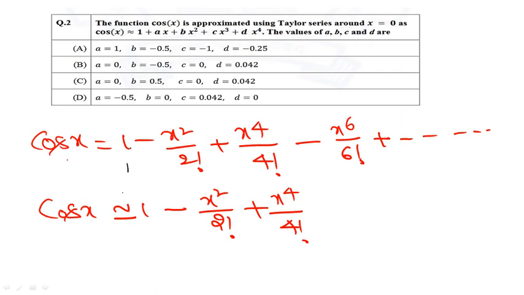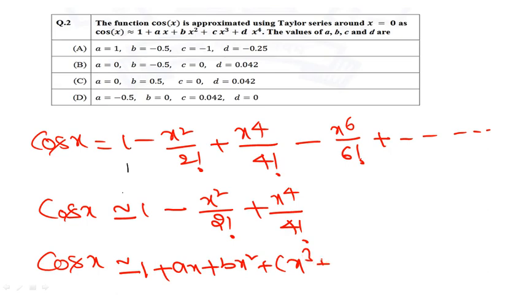Compare with the given expression, 1 plus ax plus bx square plus cx cube plus dx power 4. There is no x term, so ax will be 0, which means a will be 0.